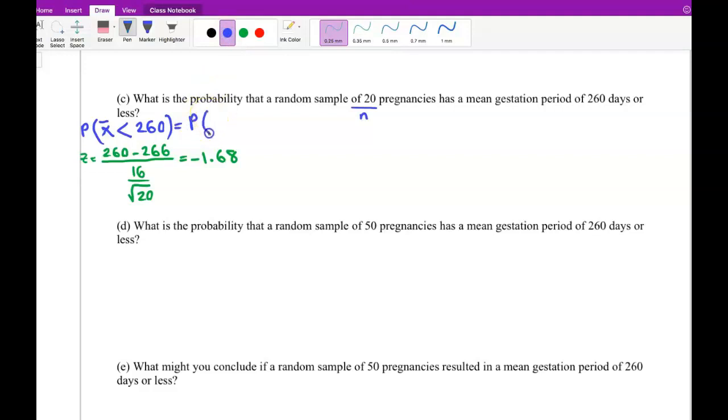So finding the probability that z is less than negative 1.68, using the table, it is 0.0465.